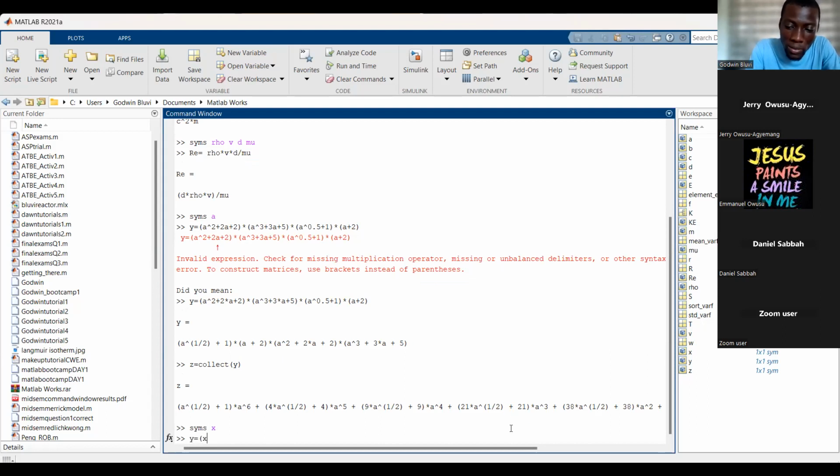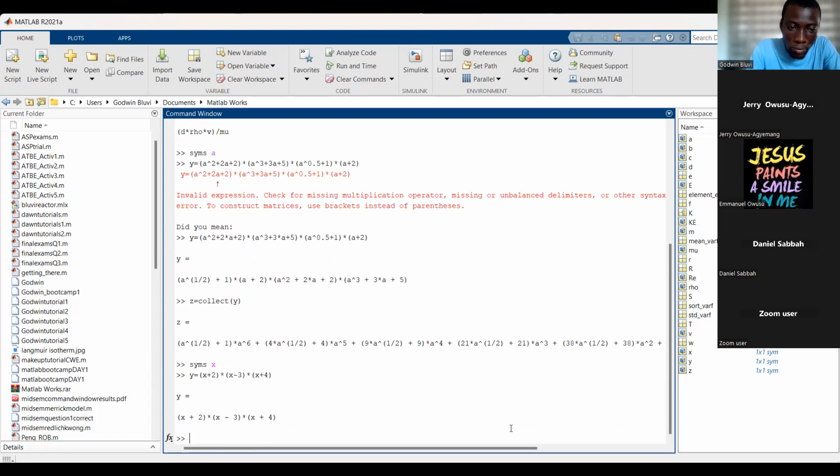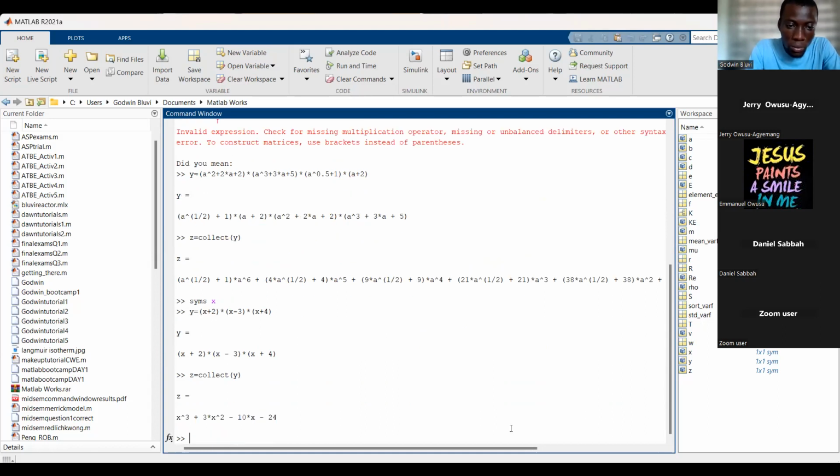Open bracket, x plus 2, x minus 3 times, let's say, x plus 4. So collect. So z is equal to collect y. So decreasing powers of x: x cubed, x squared, x, and then the singleton.